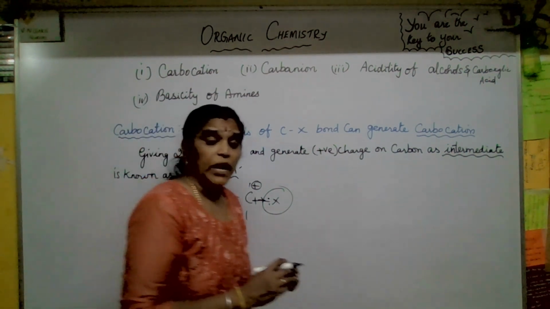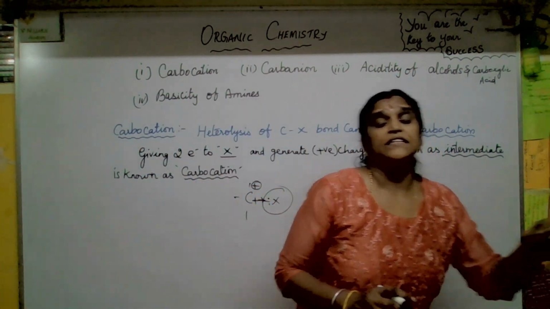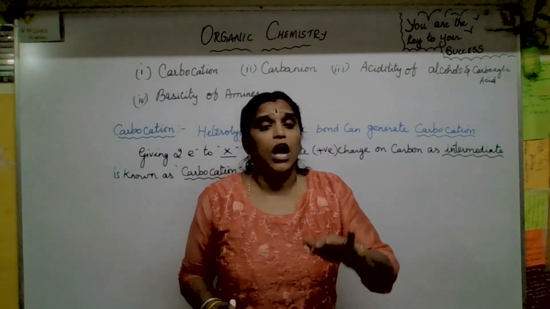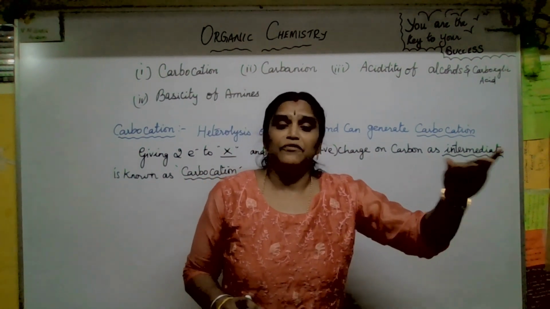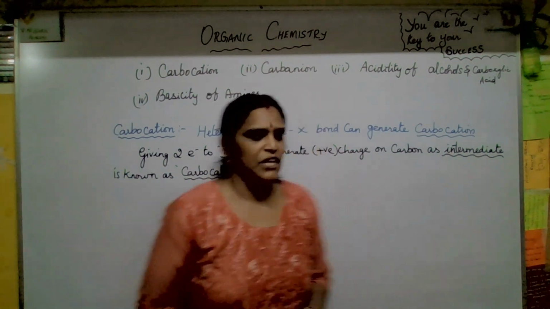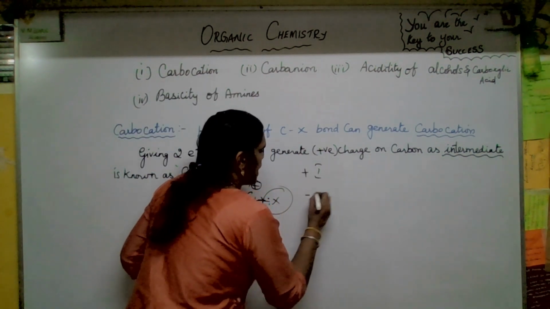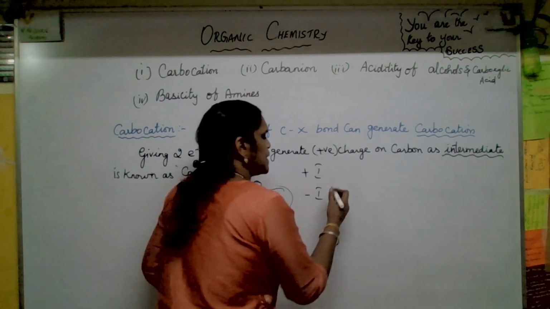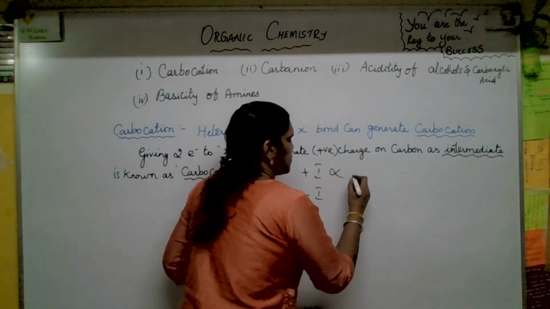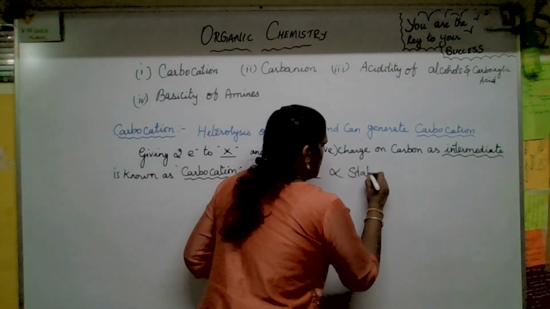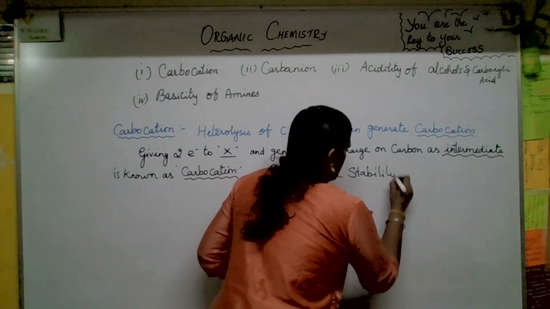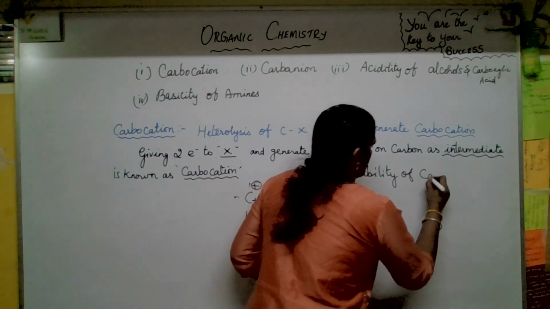Okay, now carbocation, how do we identify the stability? As the number of carbon increases, stability of carbocation also increases. Here plus I effect, minus I effect. So plus I effect is directly proportional to stability of carbocation.